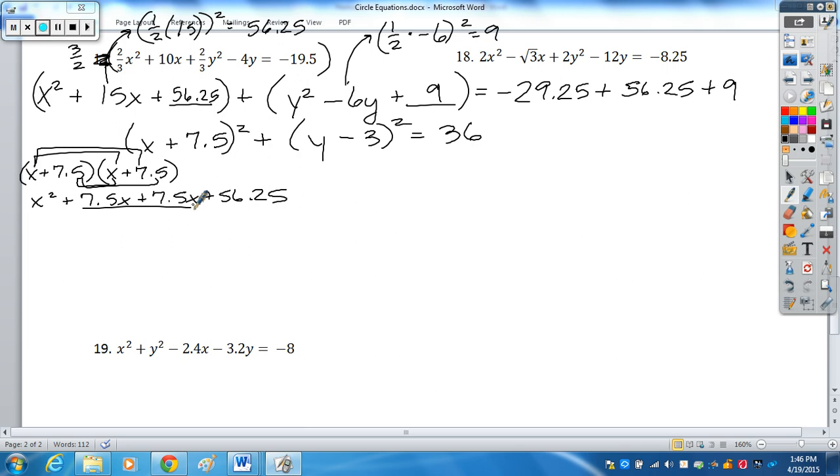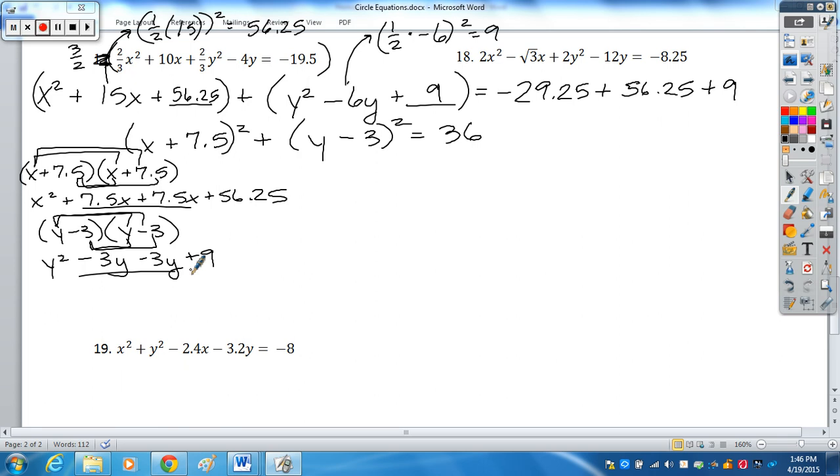And if you look here, that's 15x, 56.25, everything looks good. Okay. y minus 3, y minus 3. If we do that, y squared minus 3y, minus 3y, and plus 9, and here's your minus 6y. So we've completed that one correctly as well.